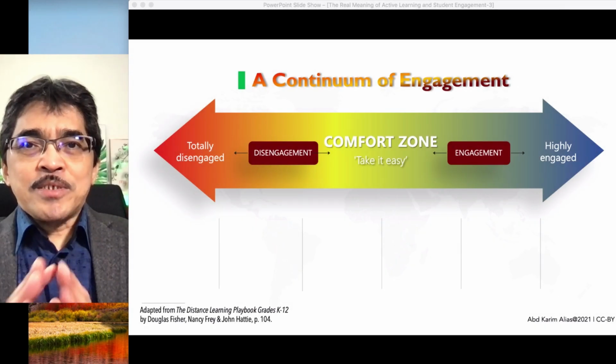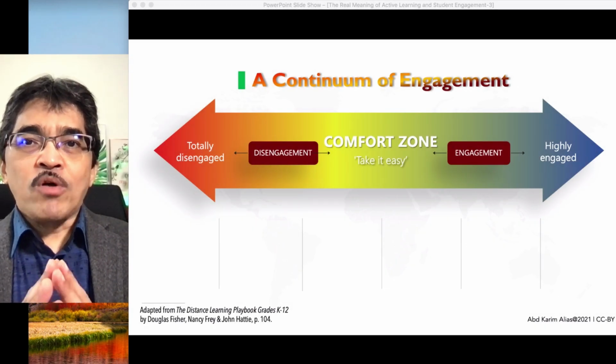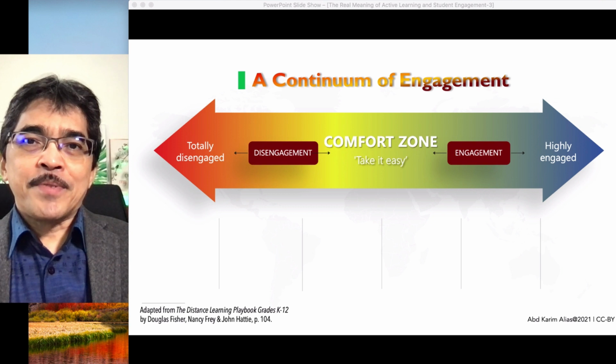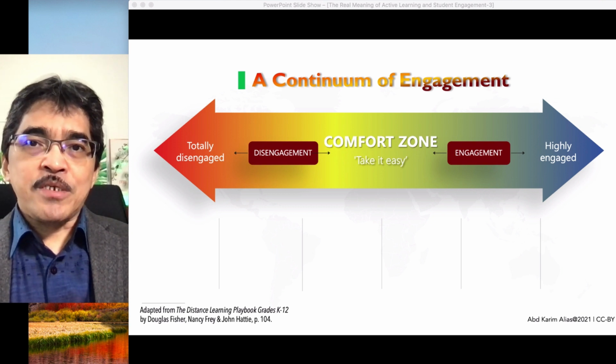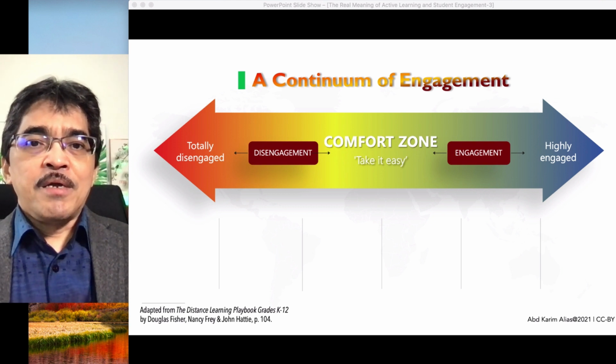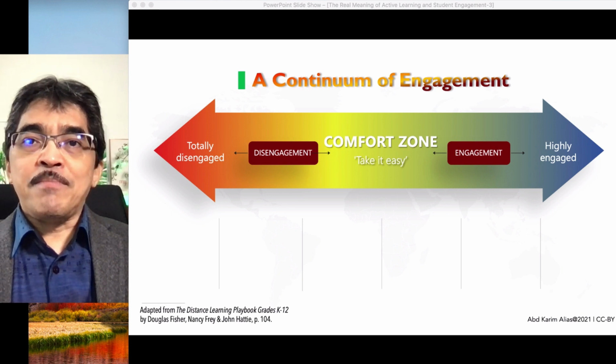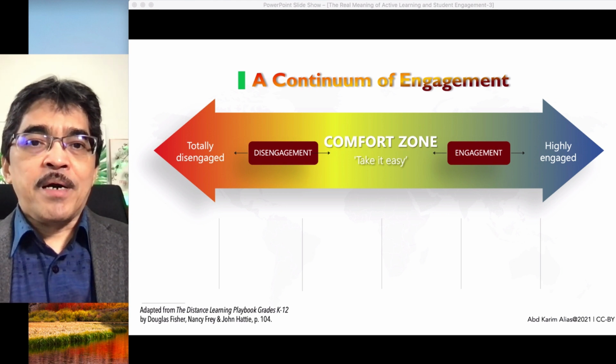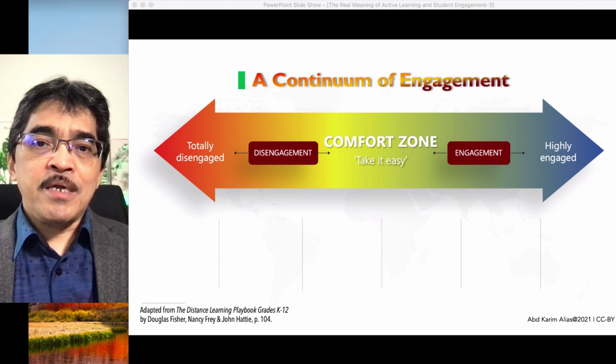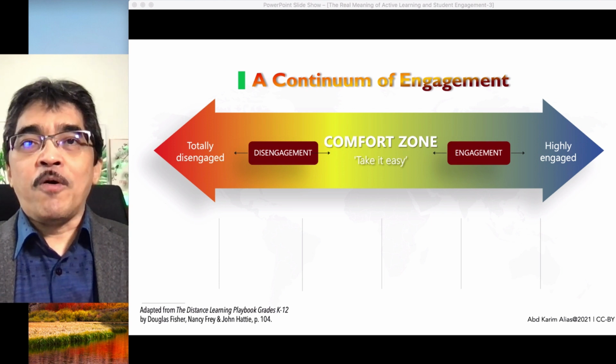So let's dive in. Let's start by looking at the so-called continuum of engagement. I have adapted this from the book The Distance Learning Playbook, Grades K-12 by Douglas Fisher, Nancy Frey, and John Hattie, page 104.